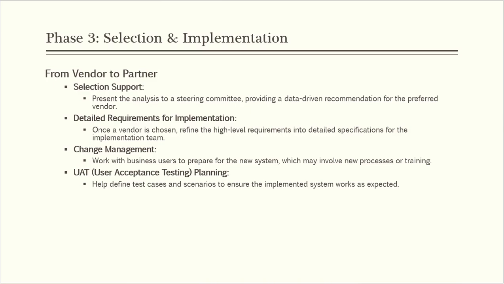The business analyst supports the selection, presents and analyzes to the steering committee, and provides a data-driven recommendation for the preferred vendor, identifying data such as previous customers, transaction reports, or the success rate with those customers. This helps the project sponsor and project team identify the appropriate vendor to support their project within time and budget, and to be able to do transaction monitoring with future transaction volume, because the number of transactions continuously increases day by day as more customers are added with online transactions.